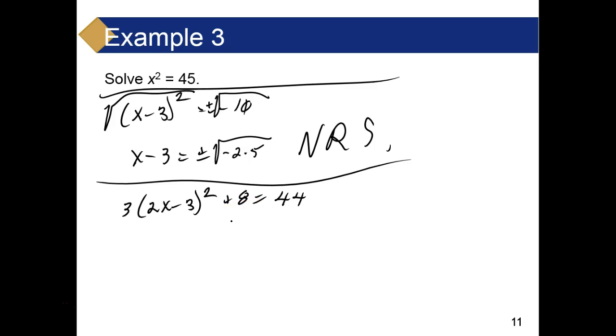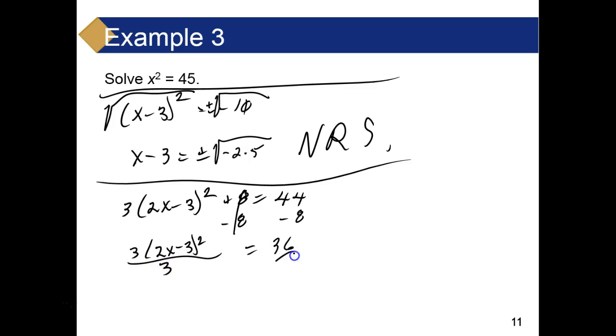You can do it the other way. If you're a hard worker, you can still do this. But, you know, let's be lazy by all means. Minus 8 from both sides. And that gives us what? 3(2x - 3)² goes to 0 is equal to, what's this? 36. Next, divide by 3.